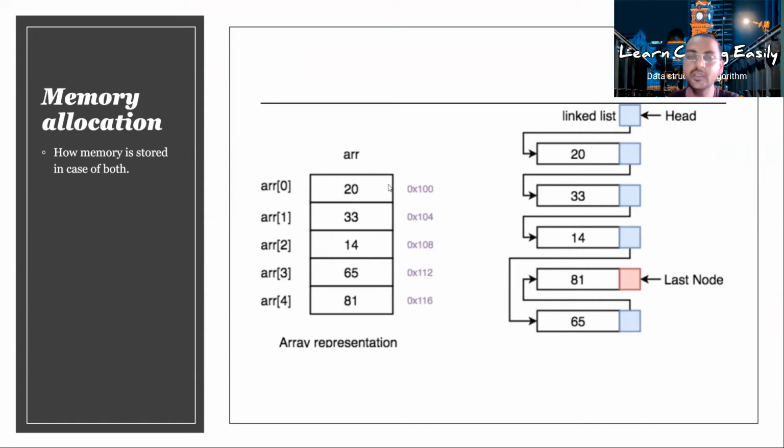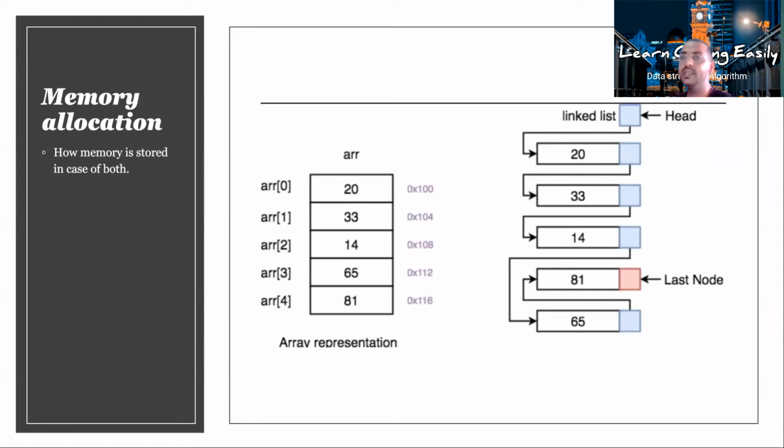Here you can see we are storing integers in the array, which take 4 bytes. So the next memory address will be 100 plus 4, so 104. So 33 should be present at 104. The next element should be present at 104 plus 4, which is 108, and so on.